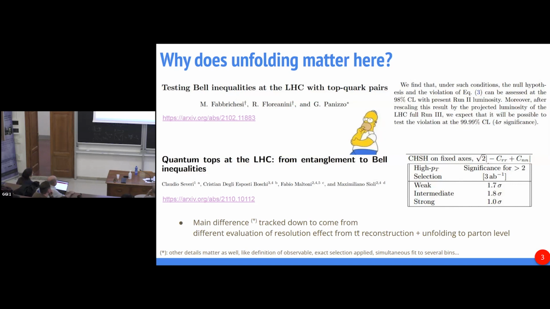So the message is that if we are able to do the perfect reconstruction as in the previous talk, but also a good unfolding procedure, then we can go from a situation where we say we cannot do it to a situation where we can do it. And this could be generalized to many other things.